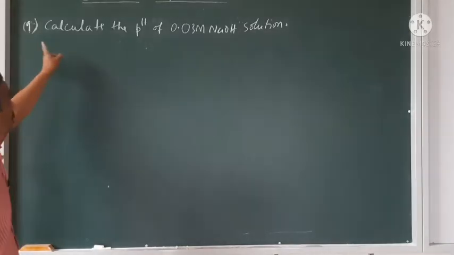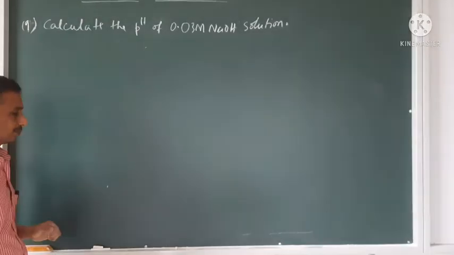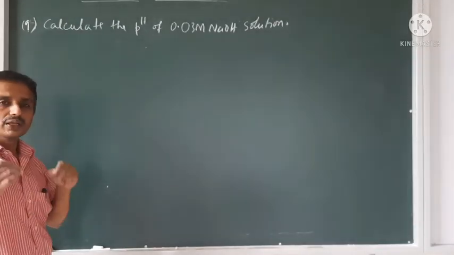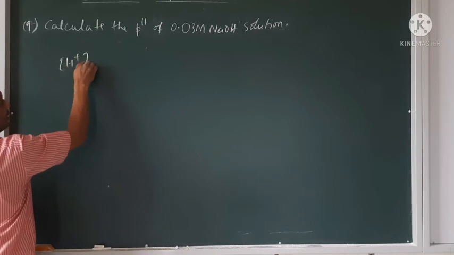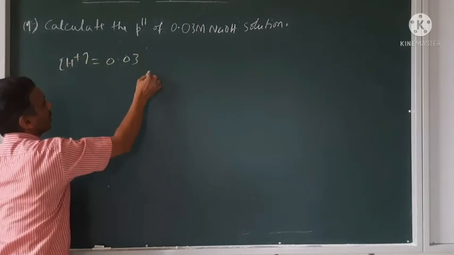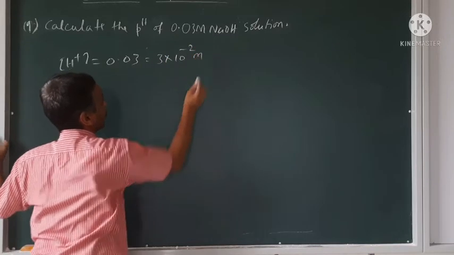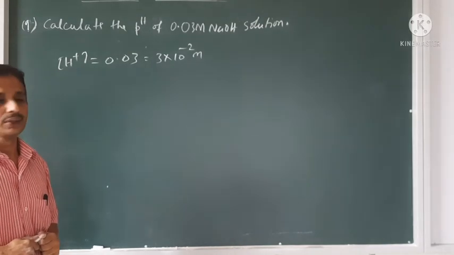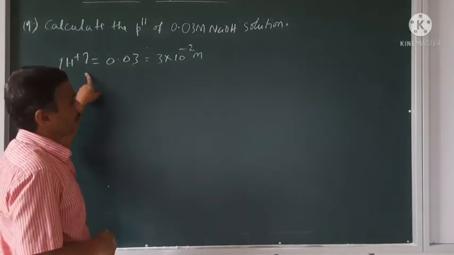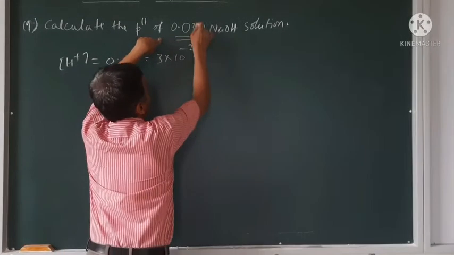In this problem, calculate the pH of 0.03 M sodium hydroxide solution. Generally, what do we do? So H plus concentration is equal to 0.03, which is equal to 3 into 10 power minus 2. This is the general thing we do. Because they ask for the pH, we suddenly jump to the conclusion that C is this much.